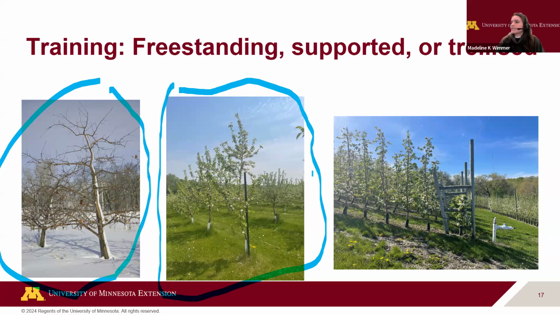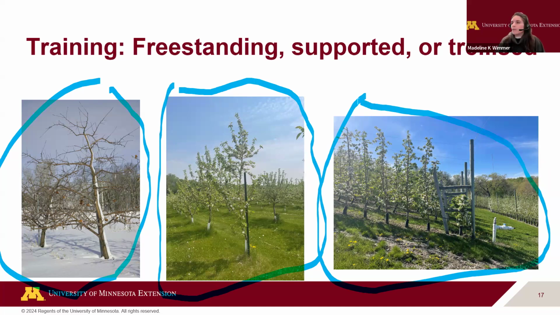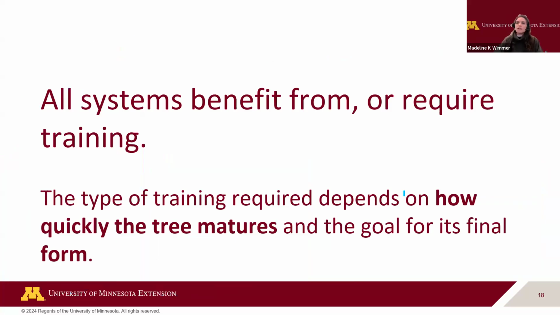That support is necessary there. And then finally, this is an example of one of those high density systems where a tall spindle training system is implemented. All training systems benefit from or require training. So the type of training required is really going to depend on how quickly the tree matures, as well as the goal for the final form of the tree.